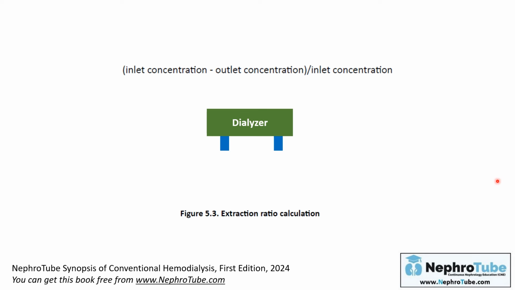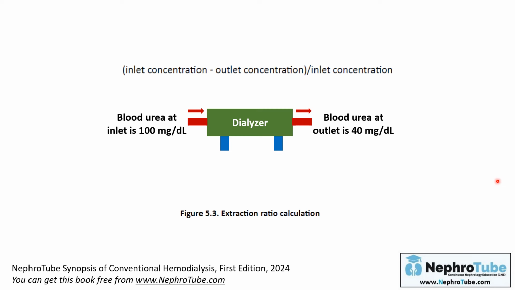Let's take a real example to show exactly what extraction ratio is. Let's suppose that the blood inflow through the dialyzer has urea at a concentration of 100 mg per deciliter, and after the diffusion within the dialyzer, the blood urea concentration at the outlet is decreased to 40 mg per deciliter.